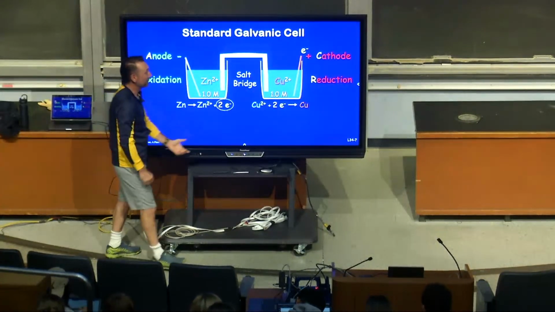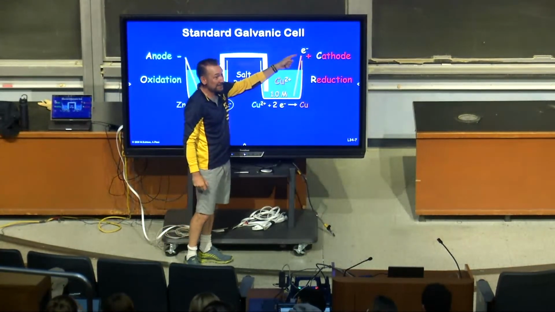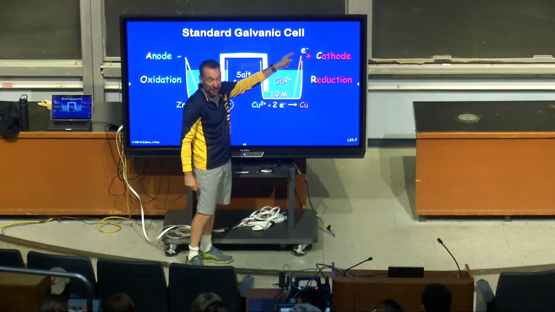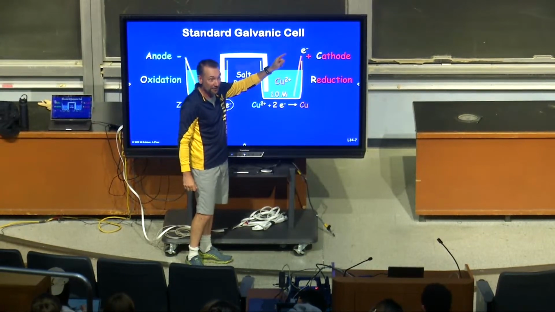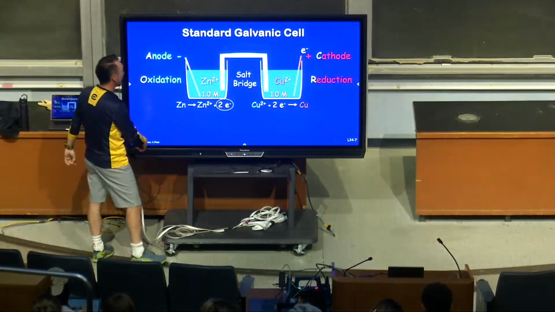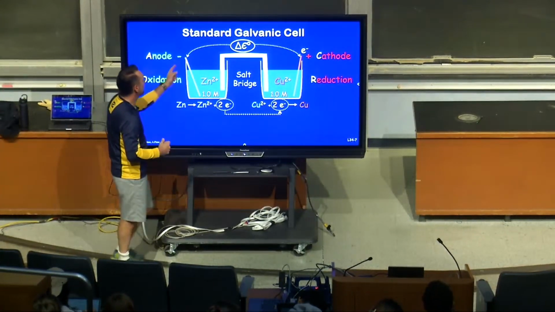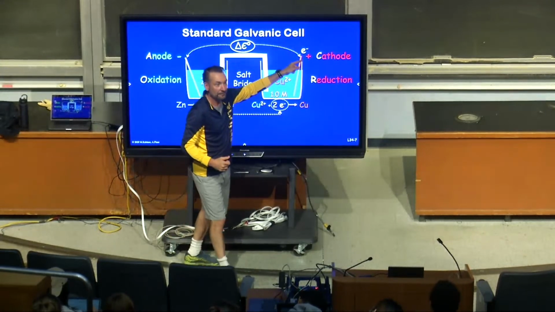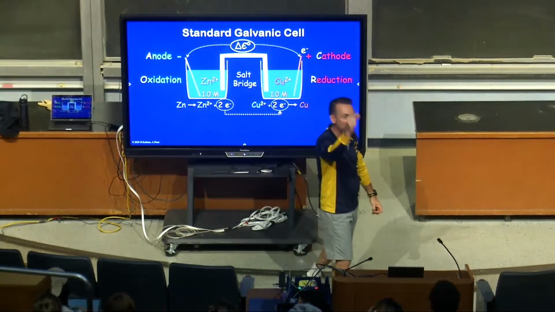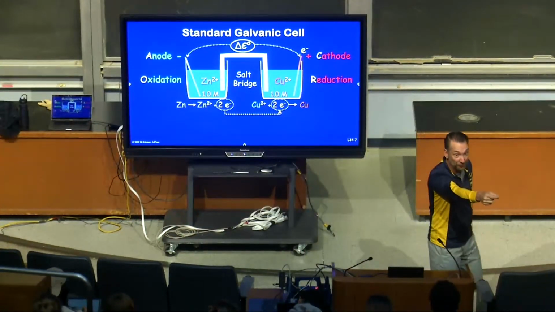And thermodynamics says, any way I can get them there, I'll take it. Remember, pathway does not matter. Thermodynamics says, give me those electrons. So what do I do? I make that happen by connecting them with a wire. I let the electrons go through a wire, and they want to go through the wire.